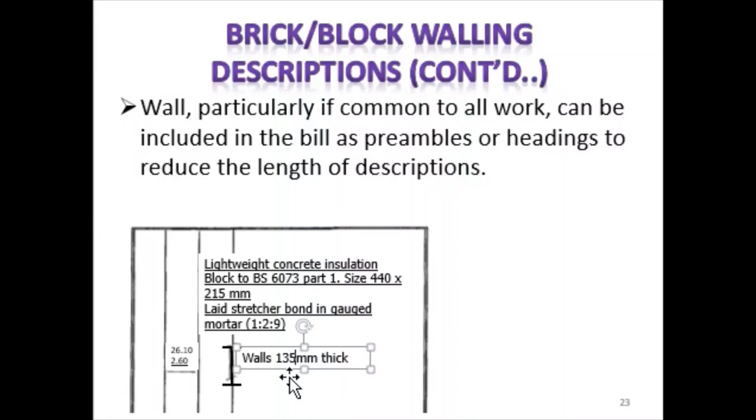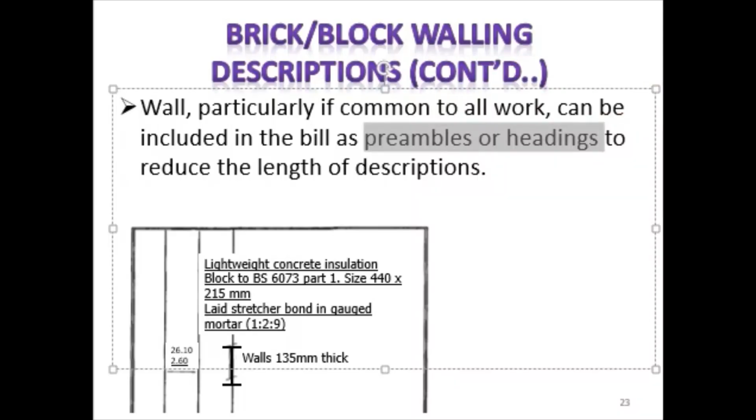Maybe the similar block at the bottom will have 100 wall thickness, so you can just collect it under one heading if it shares the common stretcher bond, same mortar, same type of wall. So that should be fine to include in the same preamble or heading.